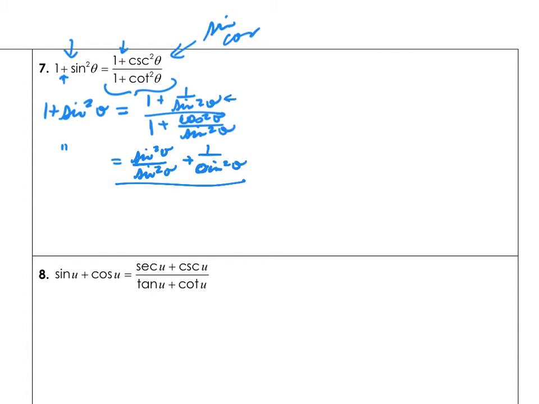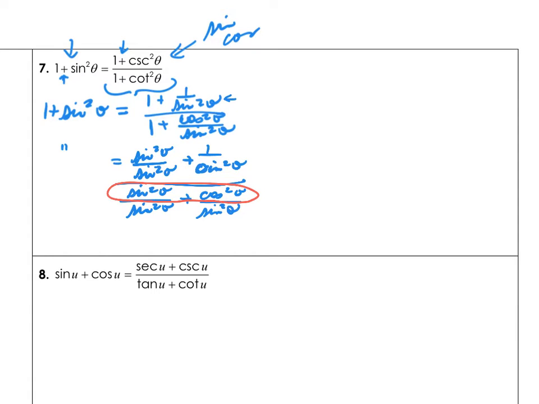And on the bottom, we need another sine squared of theta over sine squared of theta plus cosine squared of theta over sine squared. All right, so now if you are paying attention, you have an identity right there. Okay, that's 1.